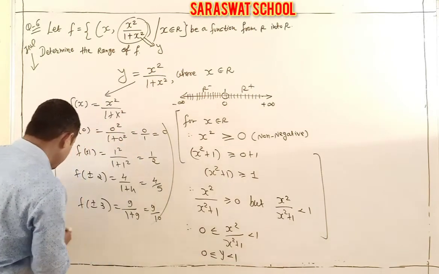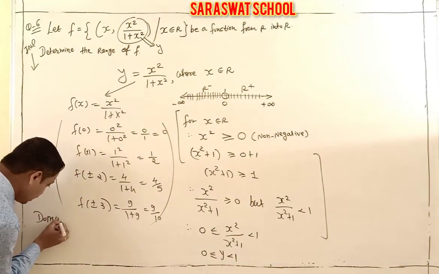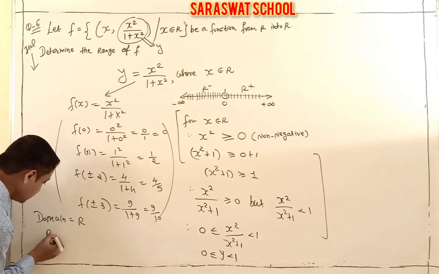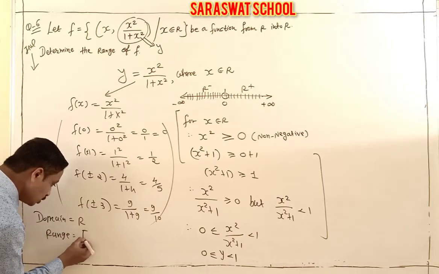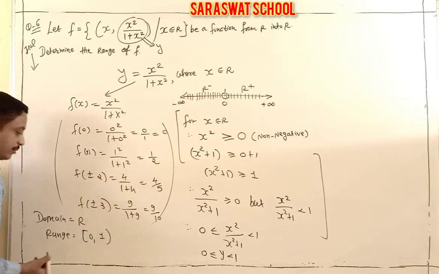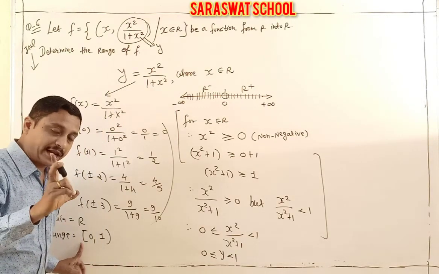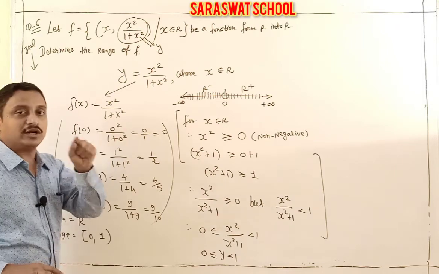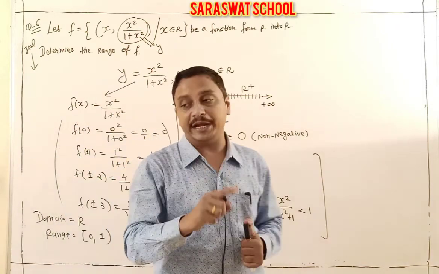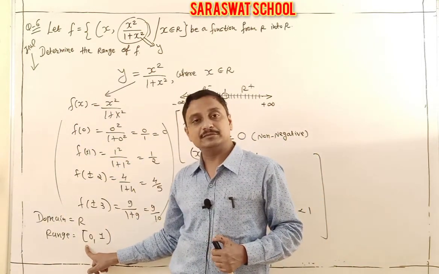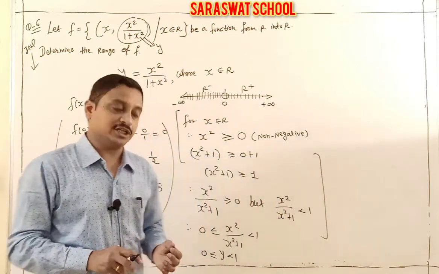So what is your domain here? Domain in the question is R, but range is closed bracket 0 to 1 open bracket. Yes, students, here closed bracket, not open bracket. And in your textbook, it is wrongly printed. Open bracket is written there, so make the correction in your textbook.